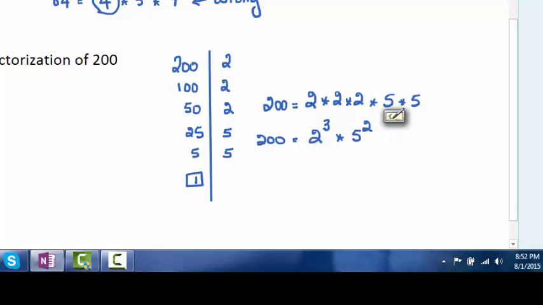Can someone write 2 times 2 times 2, that means 8, 8 times 5 times 5? No, 8 is not a prime number. Can someone say 8 times 25? No, 25 is not a prime factor. So be careful when you are writing the prime factorization.